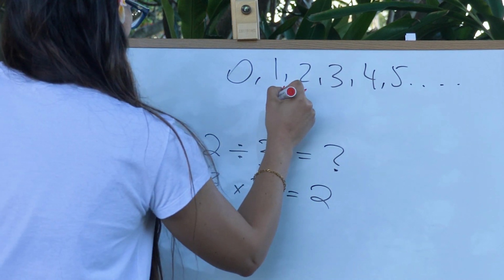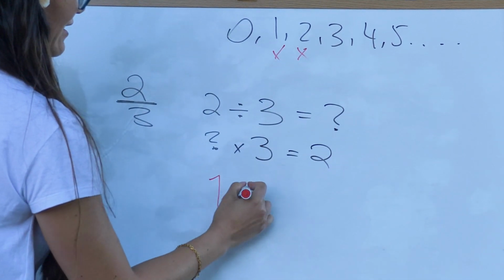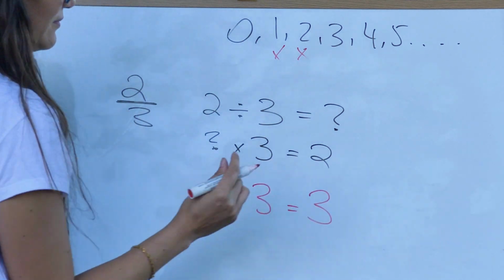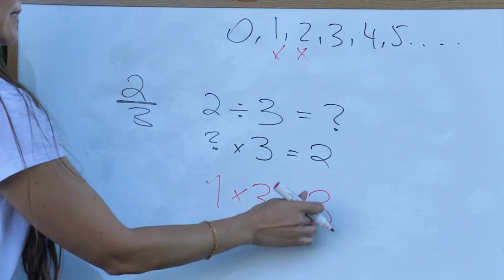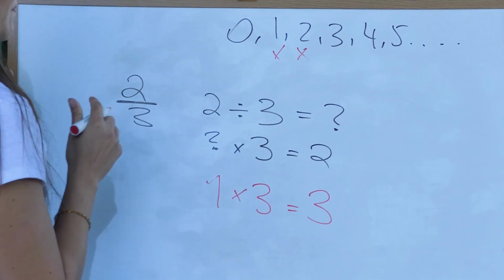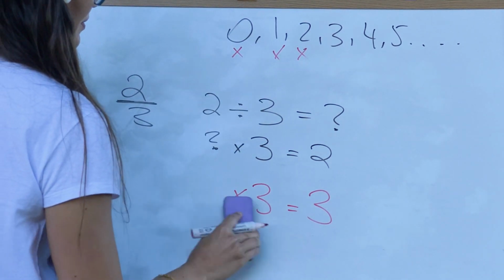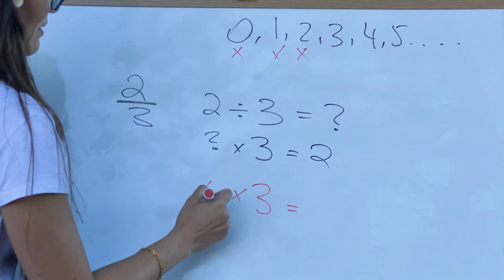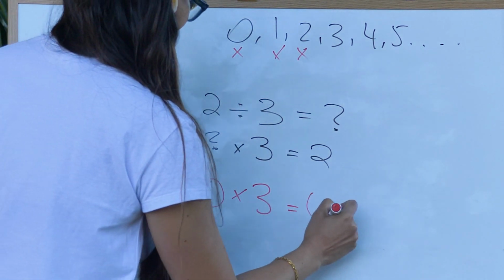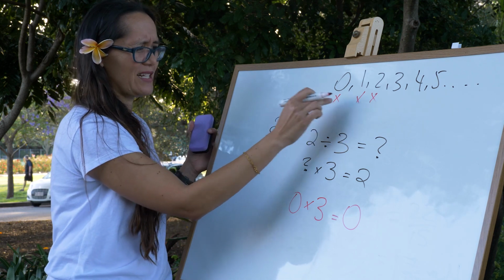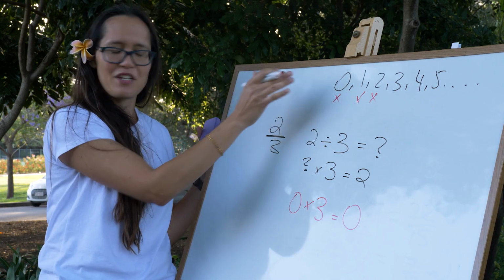It can't be 1 because 1 times 3 is 3, and that's not 2, it's greater than 2. And it can't be 0 because 0 times 3 is 0.